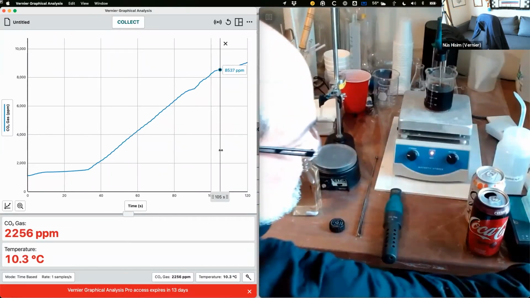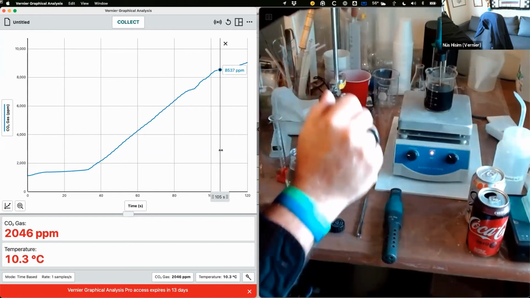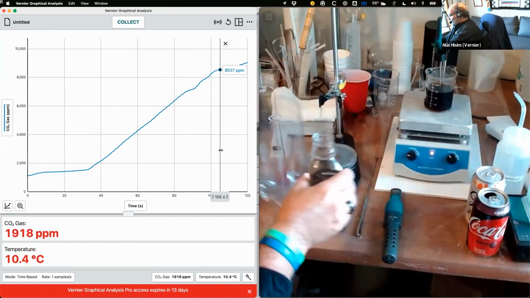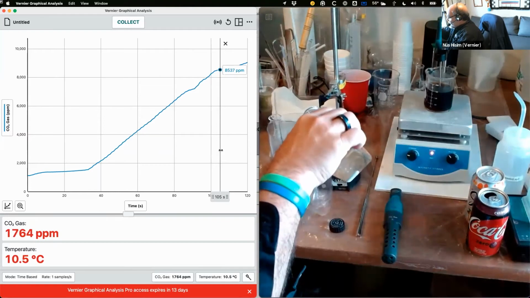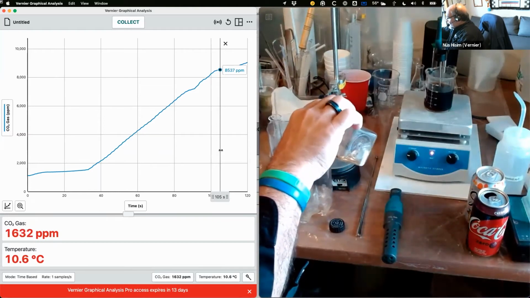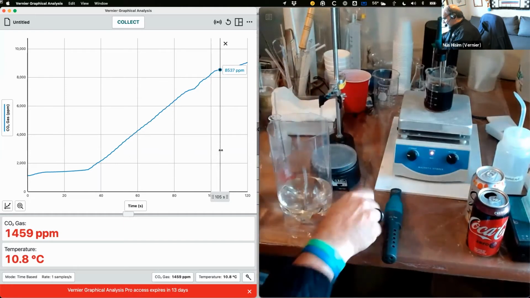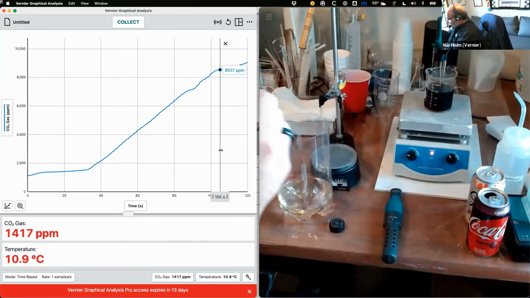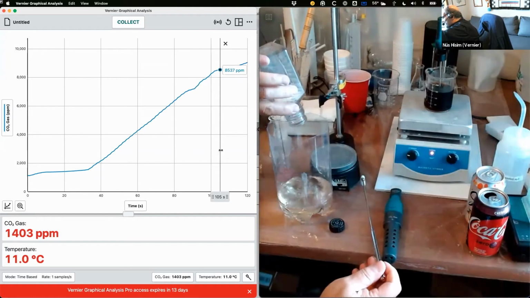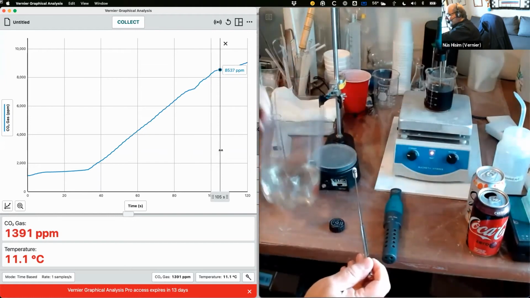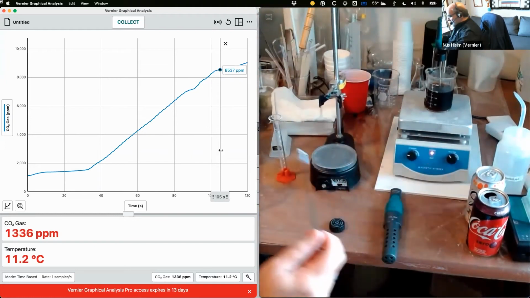And then we're going to dump that. I have a very, very expensive waste container here. I'm a big fanatic of 2-liter bottles. I used them for just about everything that required a large beaker, as long as I didn't have to heat it.